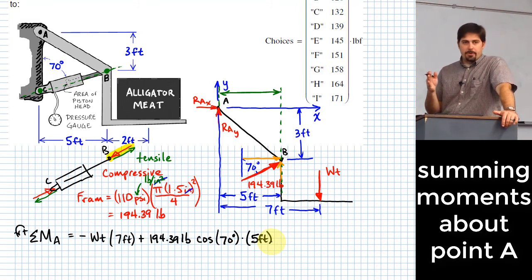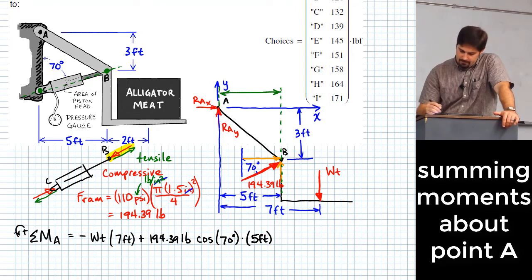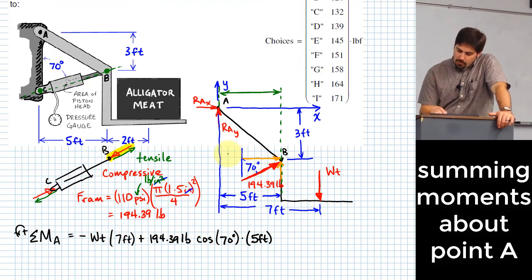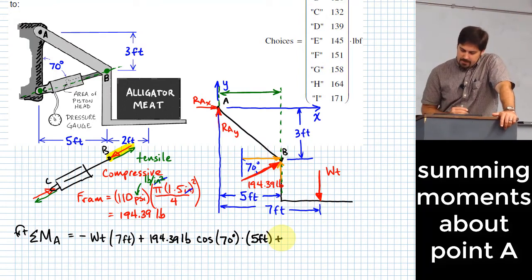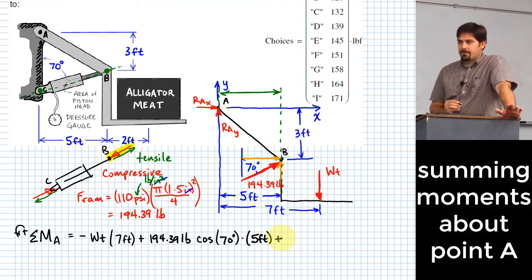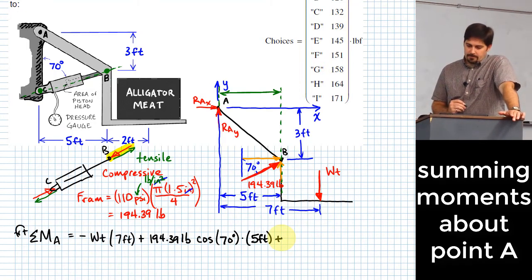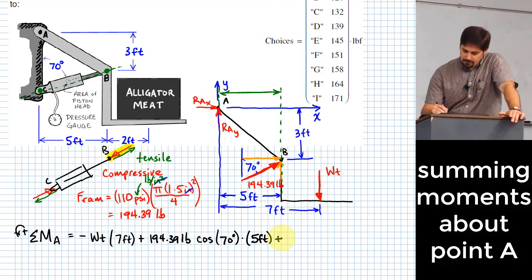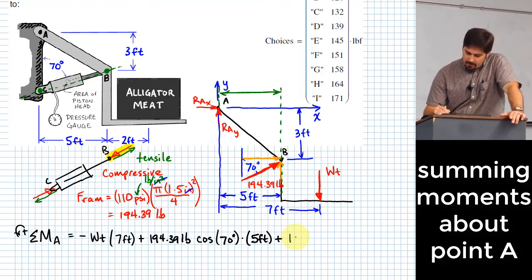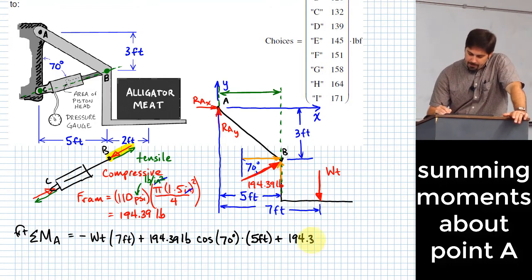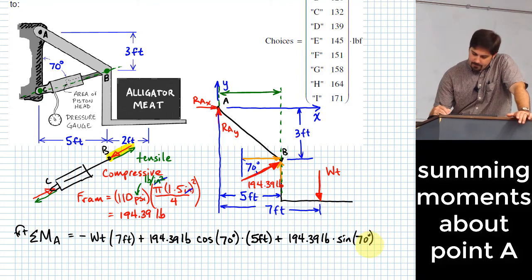What about the horizontal component? First of all, does it tend to rotate it clockwise or counterclockwise? Counterclockwise, which again is the positive direction according to how I've defined my sum. Then what? Okay, I need to take 194.39 pounds and multiply by the sine of 70 degrees.